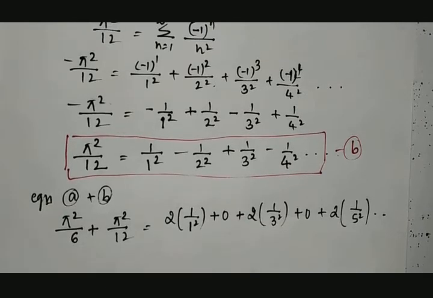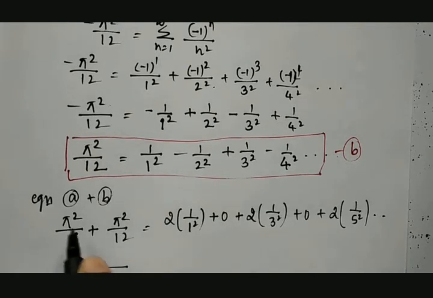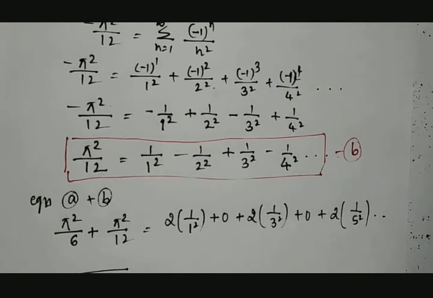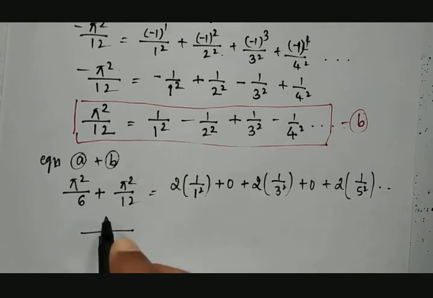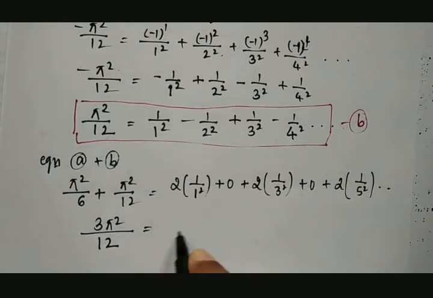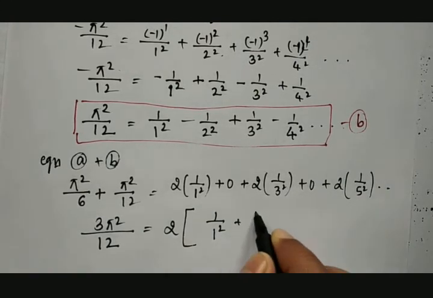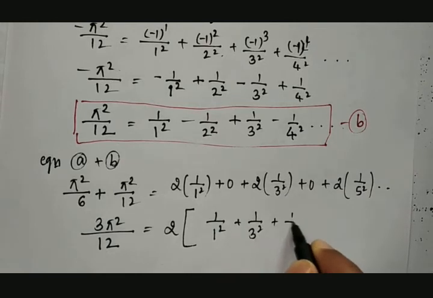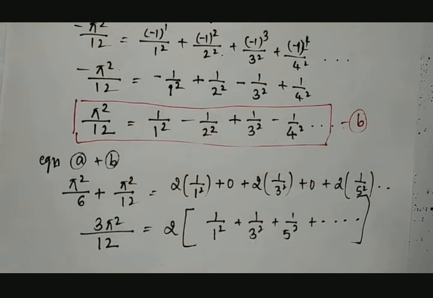Fine. Therefore if you take its LCM, this is 12, then this will be 3 pi square by 12, which is equal to, if you take 2 common, then inside the bracket it will be 1 divided by 1 square plus 1 divided by 3 square plus 1 divided by 5 square plus and so on.